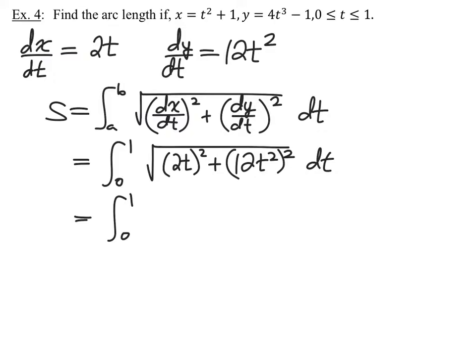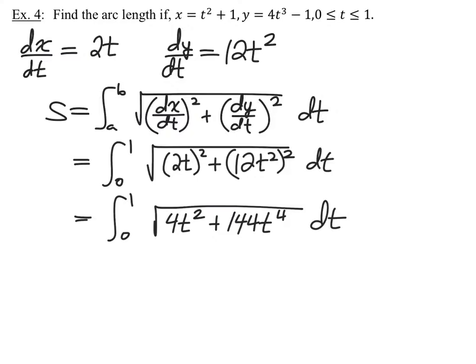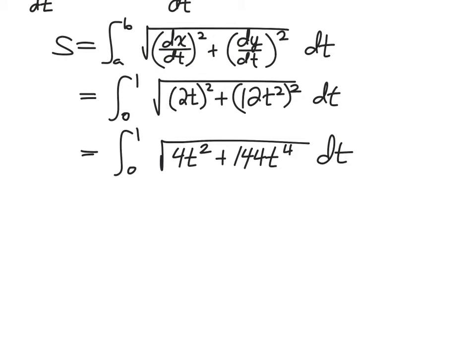On the interval of 0 to 1, we're looking at the square root of 4t squared plus 144t to the fourth, dt. Now there's some common factors that can be pulled out, and then you can go that route. In this case, you'd be doing a little trig substitution in order to find the integral.